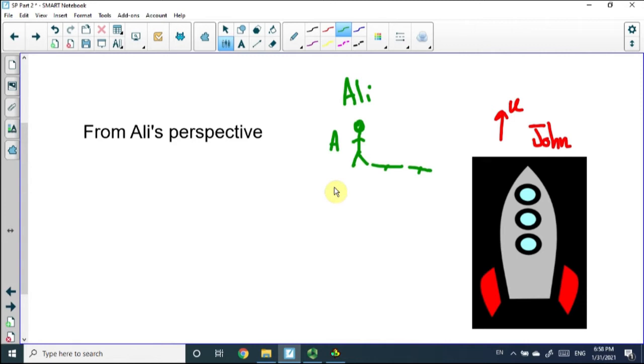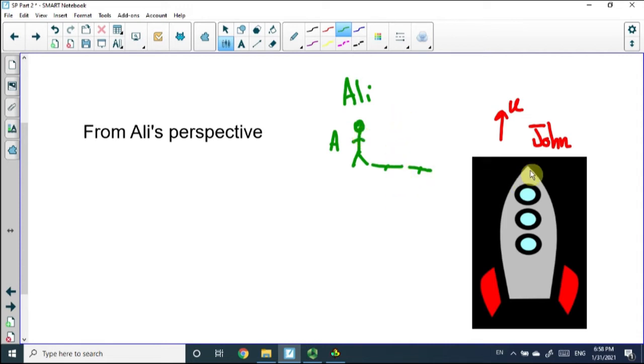Now, if you have an event that starts and finishes at the same location, then that time we call proper time. That means Ali is measuring proper time for the spaceship to pass by him. Why?